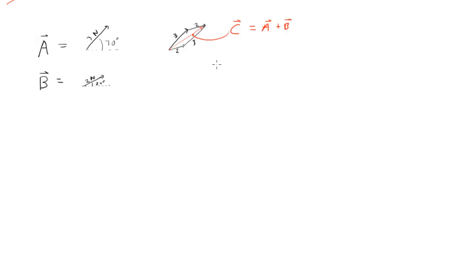So there are two equations from trigonometry that you should commit to memory if you haven't done so already. So let's write those down real quick.